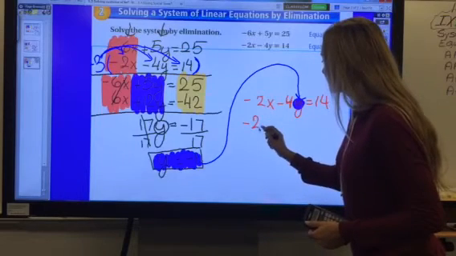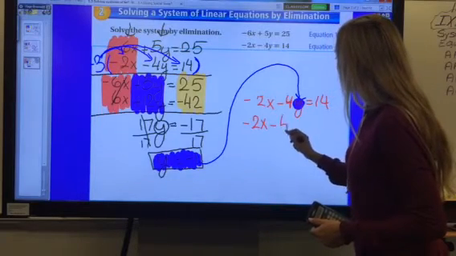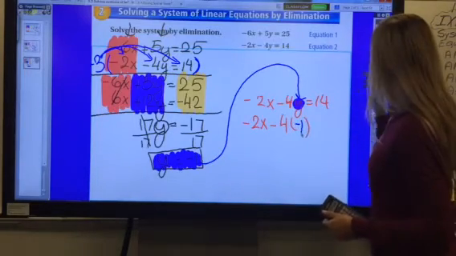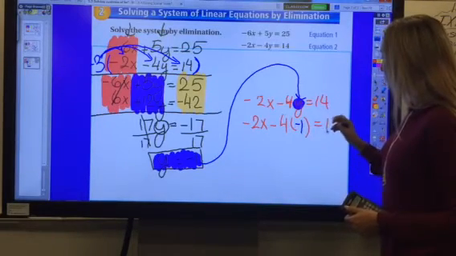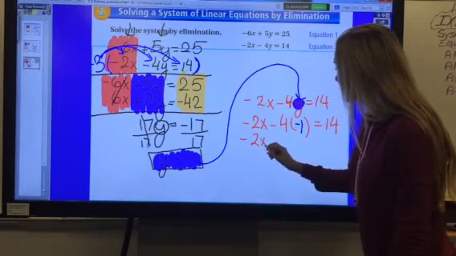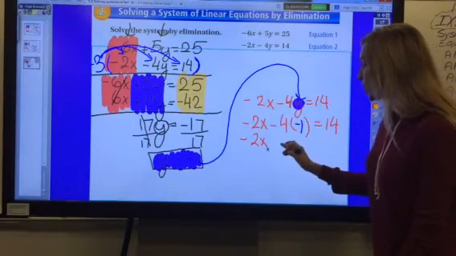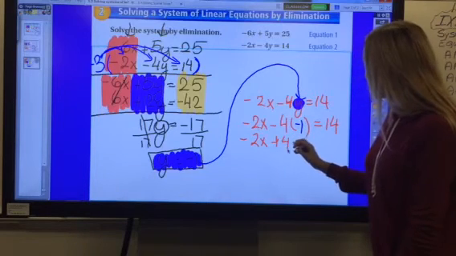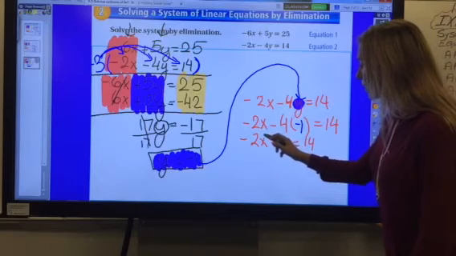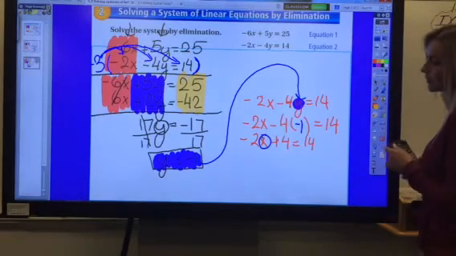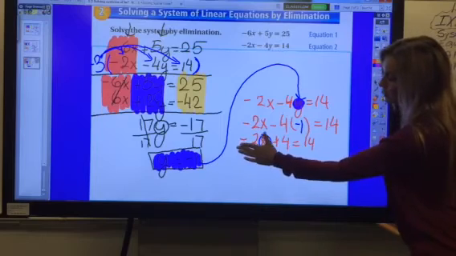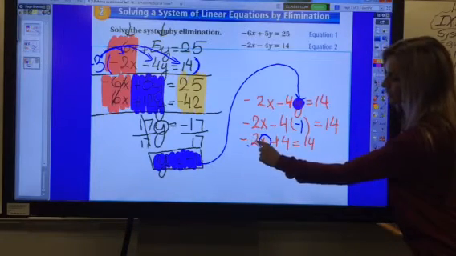-2x minus 4 times y, and what is y? -1, correct? Equals 14. -2x. -4 times -1 is +4 equals 14. Now remember, you're solving for x, isolate the variable, and there's a multiplication between these two, so I'm not going to touch that -2, right?